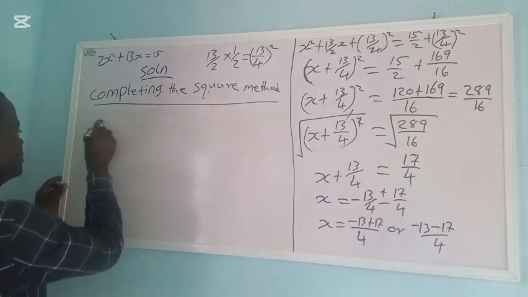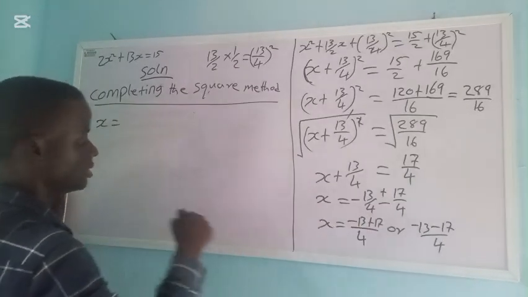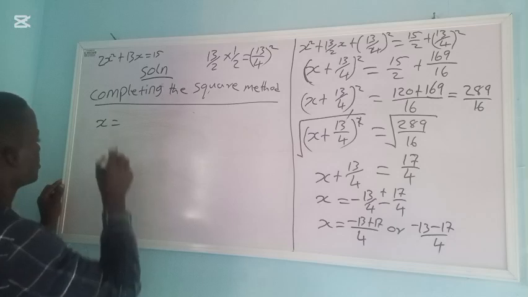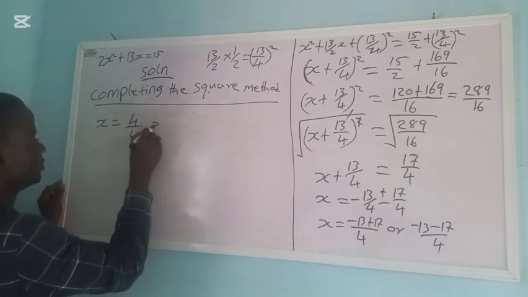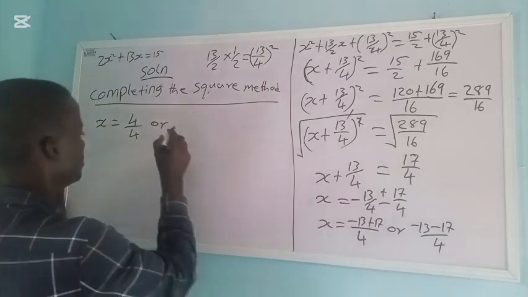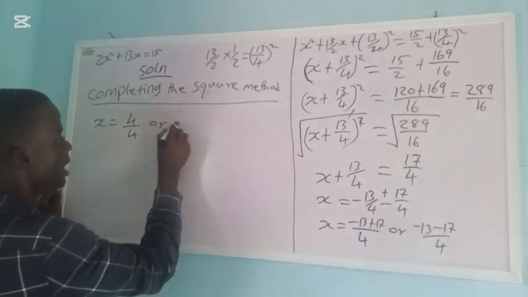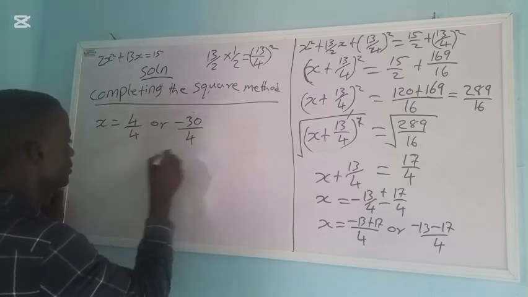So now we have x is equals to minus 13 plus 17 is 4 all over 4, or minus 13 minus 17 is minus 30 all over 4.